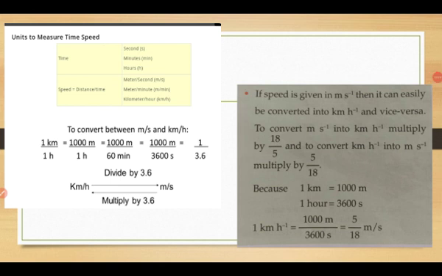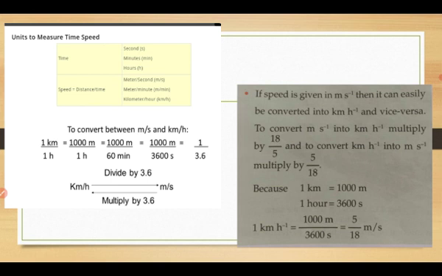Now student, we will study how to convert kilometer per hour into meter per second and meter per second into kilometer per hour. Kilometer per hour means kilometer upon 1 hour. 1 kilometer is equal to 1000 meter and 1 hour is equal to 3600 seconds.